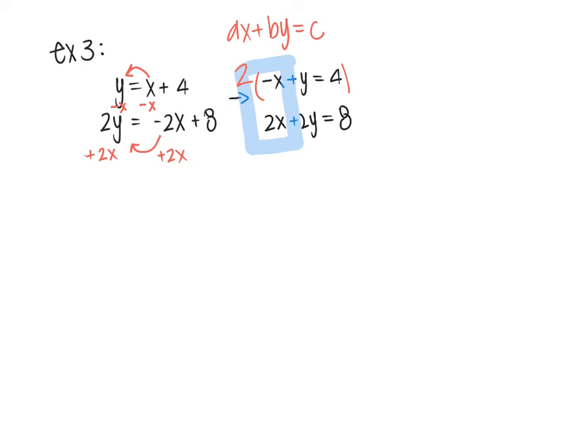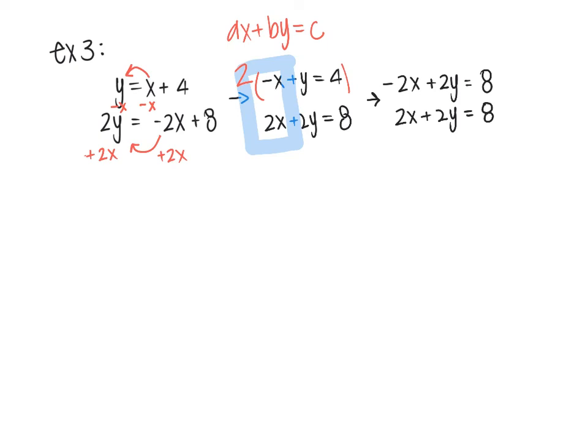So my top equation, I'm going to have negative 2x plus 2y equals 8. Make sure you multiply every single thing. And then the bottom one won't change. So now I'm going to add them.